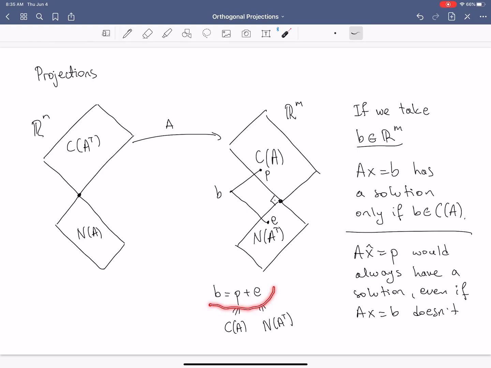Then it will split into a part that is in the column space and another part that is not. And because that other part is not in the column space of A, it is in the left null space of A, or rather we are choosing it to be in the left null space of A. We also know that P and E are orthogonal, right? Or their dot product is 0.